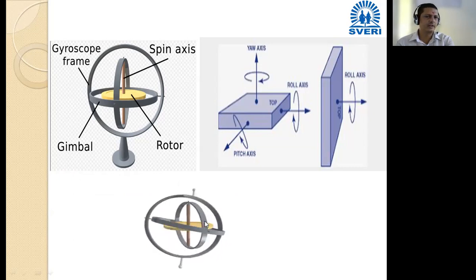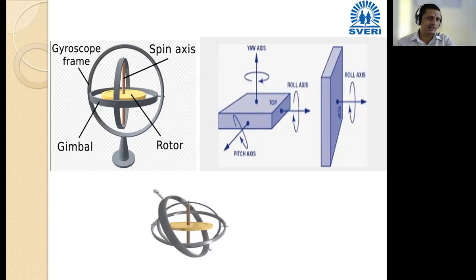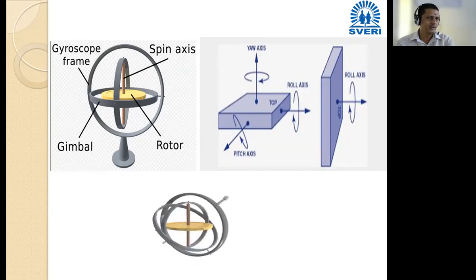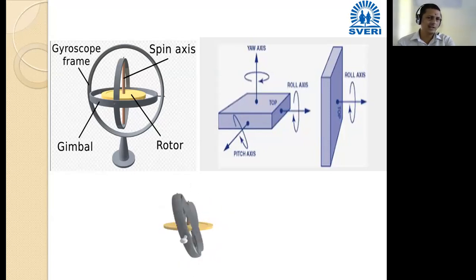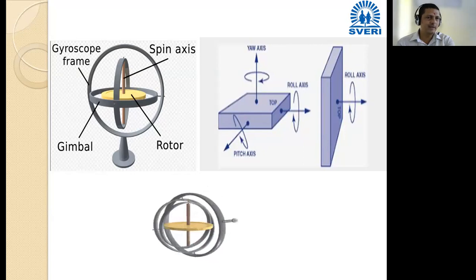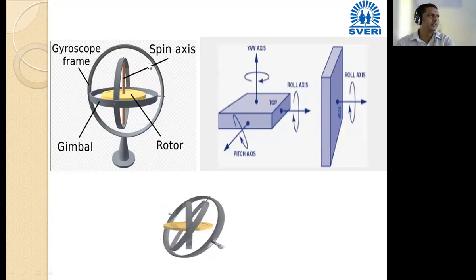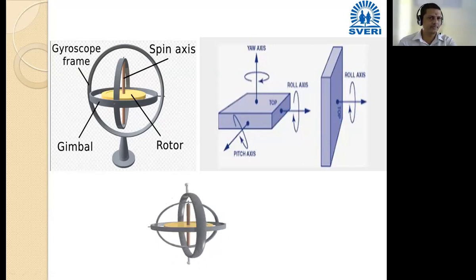This is the working. The weight is fixed and the three gimbals rotate around its axis. The balance weight and spin axis are fixed, and these three gimbals 1, 2 and 3 rotate around this rotor or balance weight.